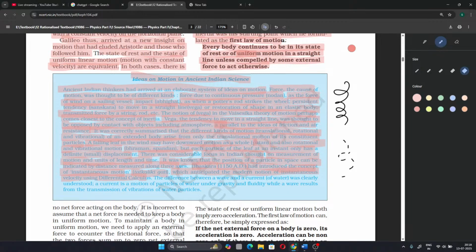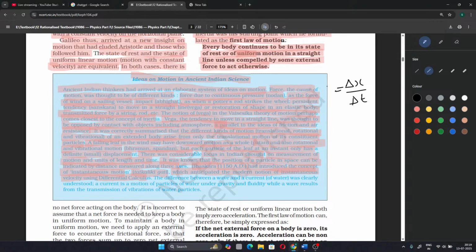In the case of speeds or velocities, we have average velocity and instantaneous velocity. In average velocity, we took change in distance by change in time.